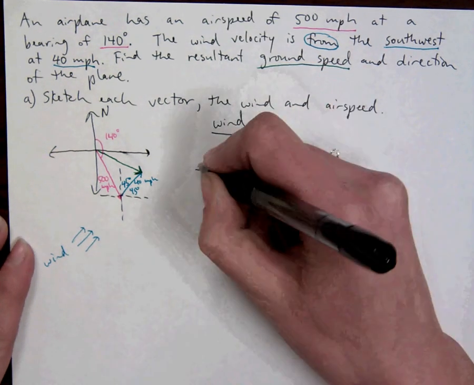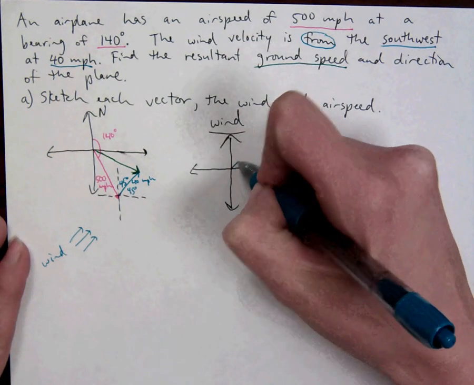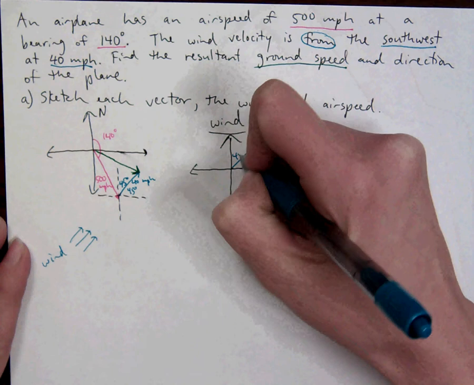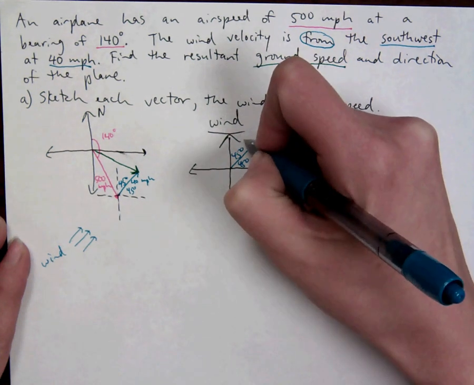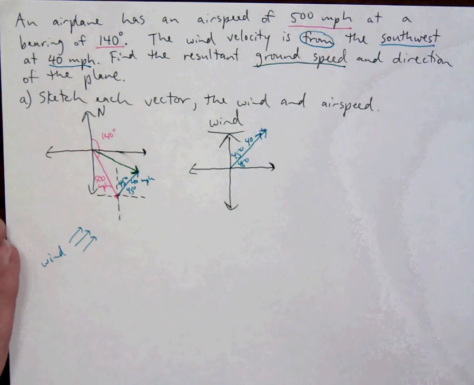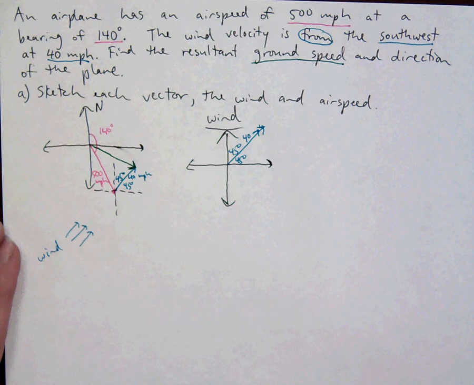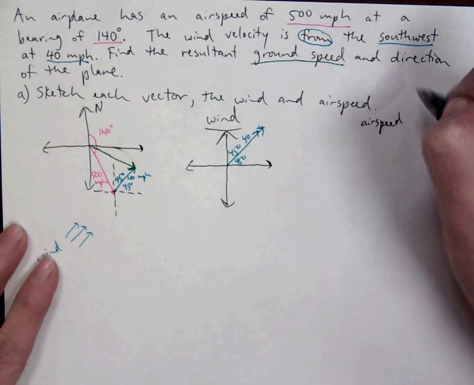So if I kind of blow up the blue part there, the wind only, looks like this. We've got 45 degrees in both places, and we've got 40 miles per hour for the length there, or the magnitude. And then airspeed of the plane.